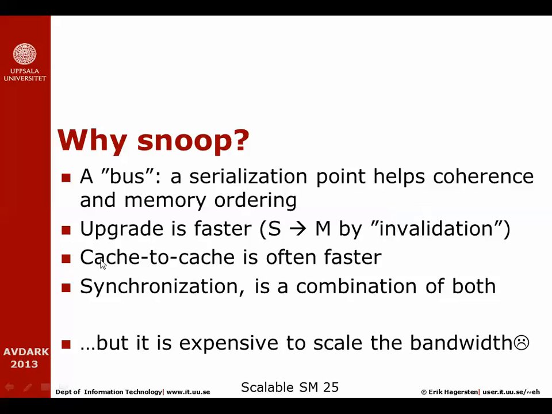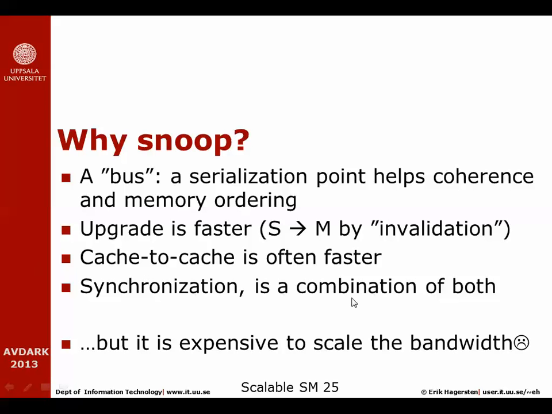It also has the advantage that cache-to-cache transfers are faster, and since synchronization typically is a combination of upgrades and cache-to-cache transfers, synchronization can also be implemented faster on the Snoop-based protocol.